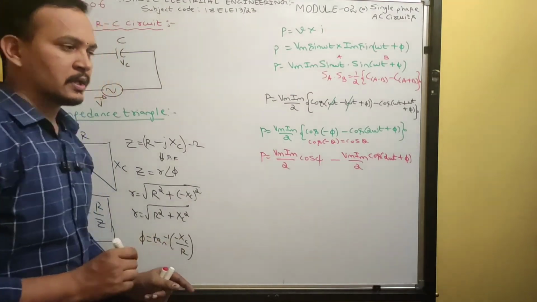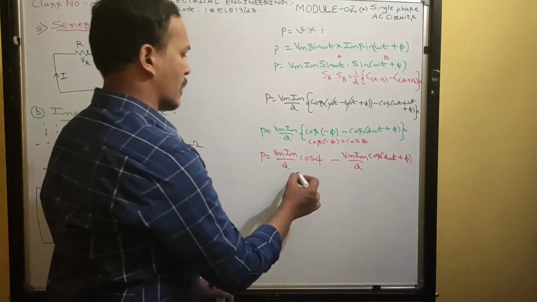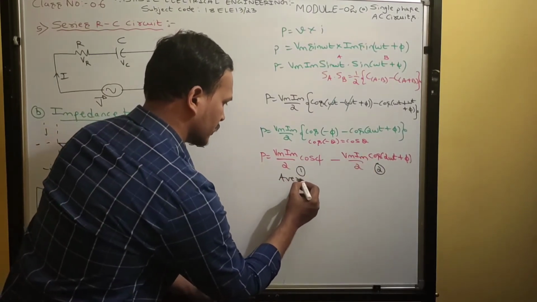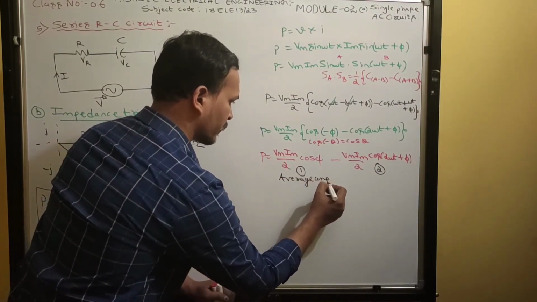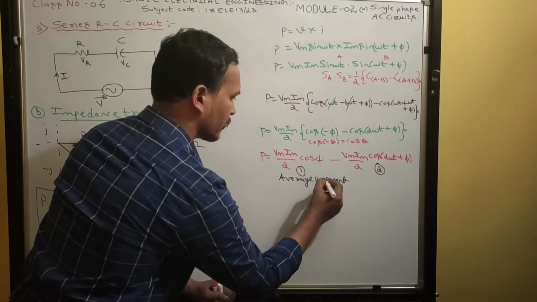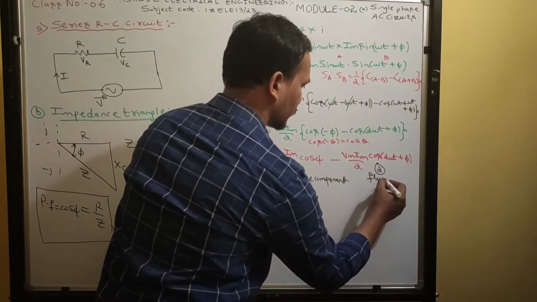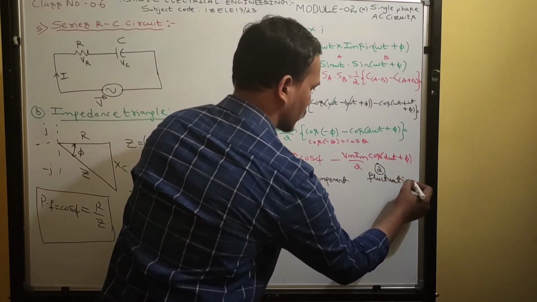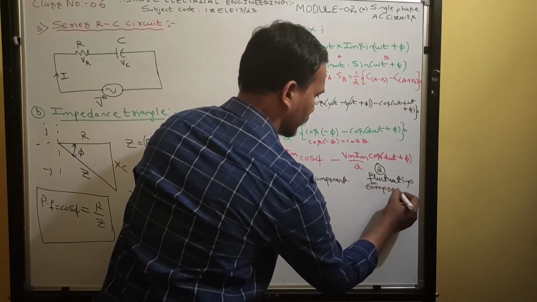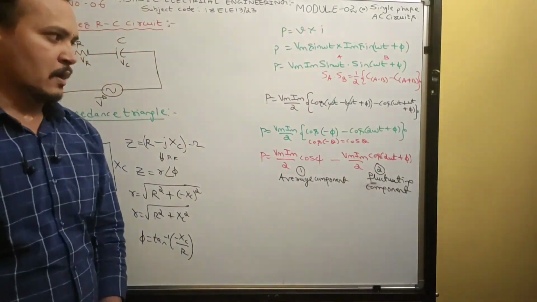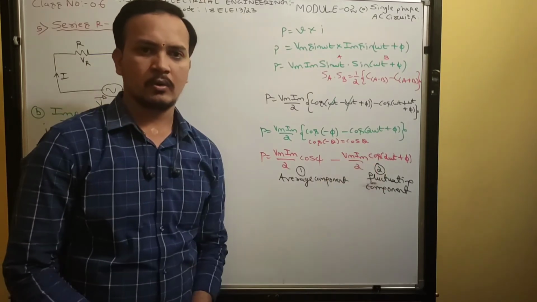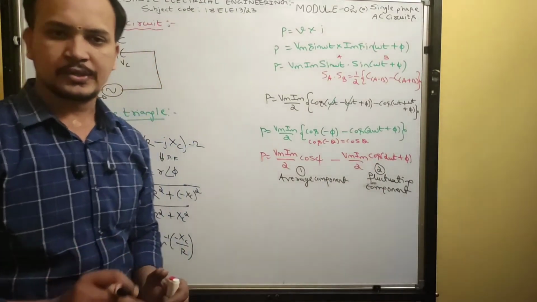See, now the instantaneous power is resolved into two components. Component 1 and component 2. Component 1 is the average component. Okay, average component. And component 2 is the fluctuating component. See, we know that any trigonometric term having double frequency, its average value over one cycle will give 0.